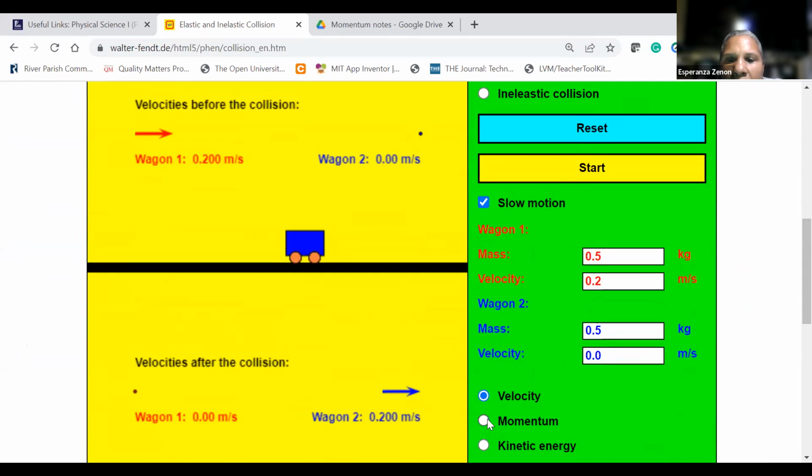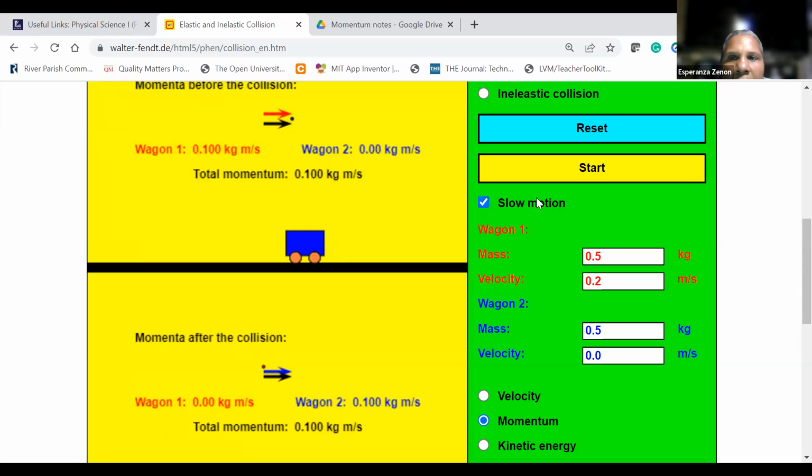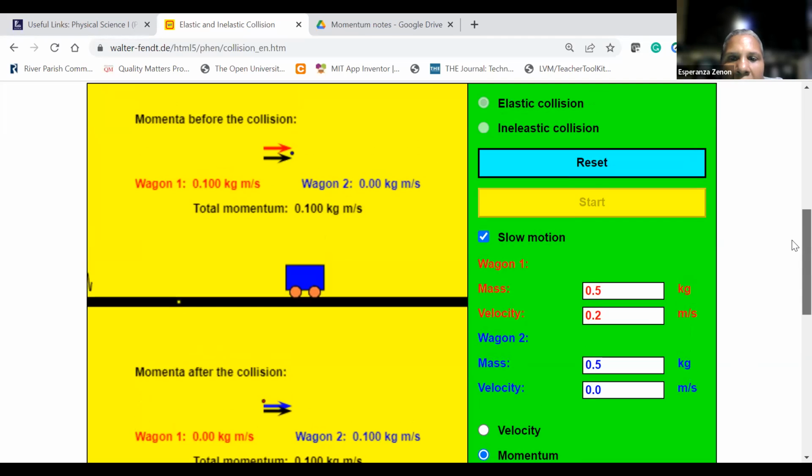And I like this one because you can very clearly see that if I started, the total momentum before is 0.1, the total momentum after is 0.1. I'm dealing with an elastic collision. And that means the objects have to bounce off of each other, okay?